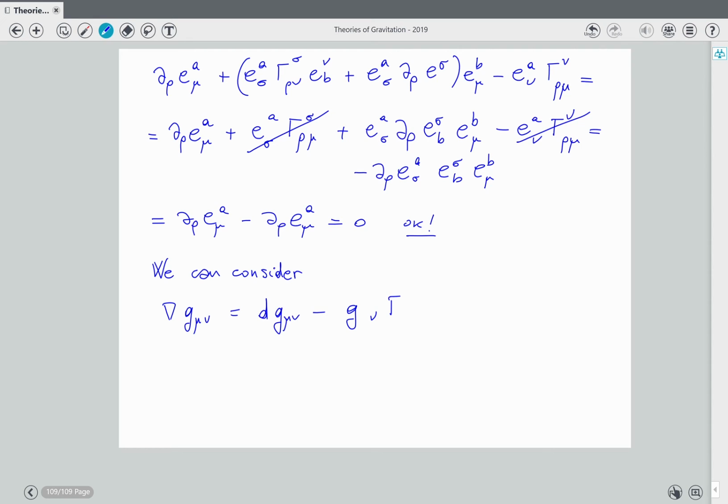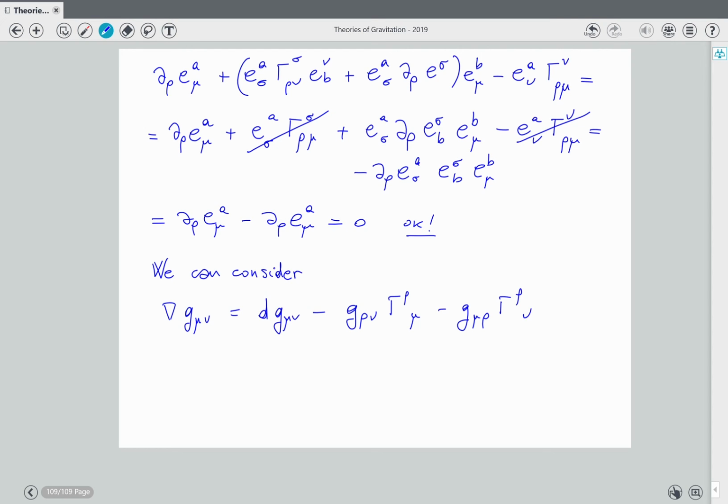So for the first index, you will have to do something like this. And for the second index, you will have to do something like that. That is the covariant derivative of g mu.